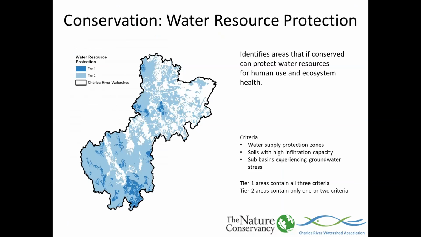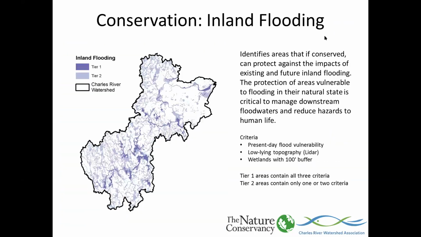Oftentimes conservation focuses more on habitat issues, which is great, of course, but if you can get habitat and some water resource protection from a water supply as well as an ecosystem perspective, then you can combine those and, as I said, get more bang for the buck.